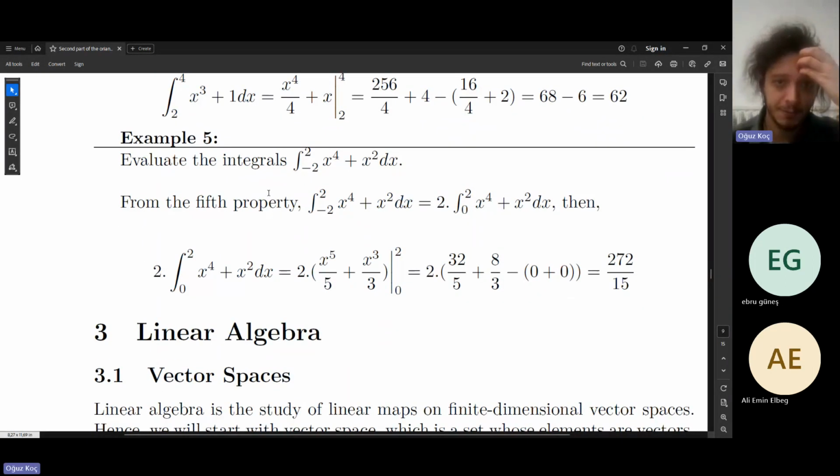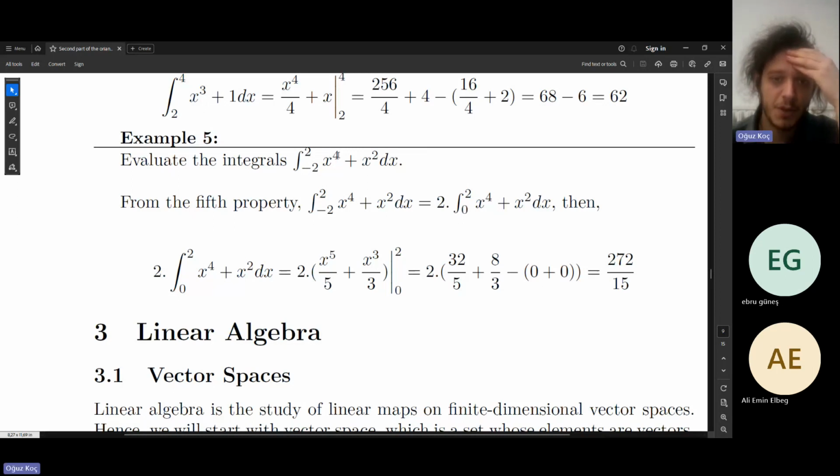For the fifth example, in order to use the fifth property, which applies when your function is even and the lower and upper limit points have reversed signs, we can just use 0 and the upper limit here.